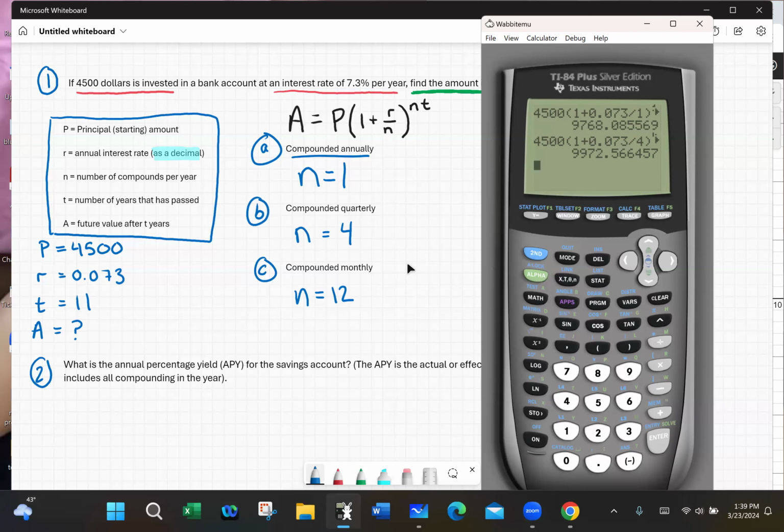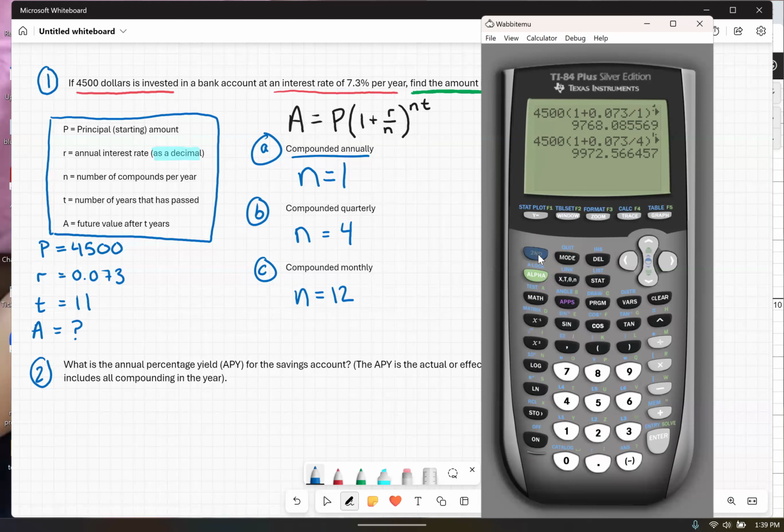And then compounded monthly, I'm going to do the same thing. Second enter for my previous entry. And wherever there's a 4 for quarterly, I'm going to change that to a 12. Well, if I change the 4 to a 12, I'm going to type over one of my symbols. So let me just redo that. 12 times 11.